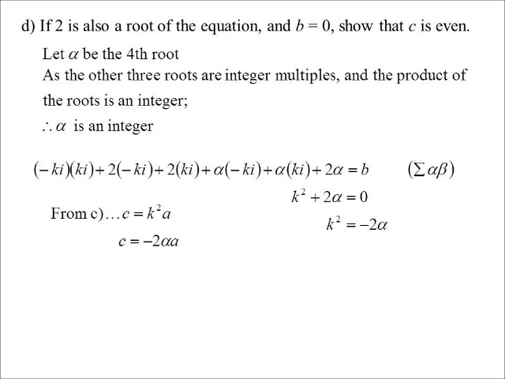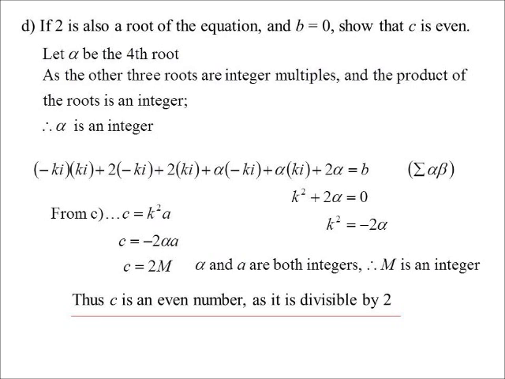Remember, a is an integer, alpha is an integer, so c is 2 times some integer. That makes it an even number. It certainly has a factor of 2. As everything else is an integer, c must be an even number, so it's divisible by 2.